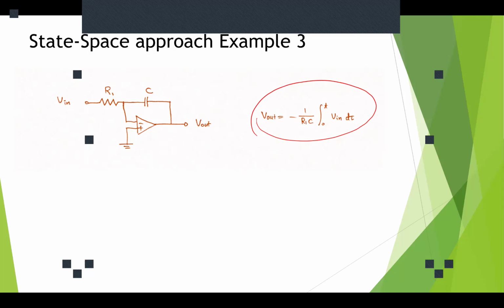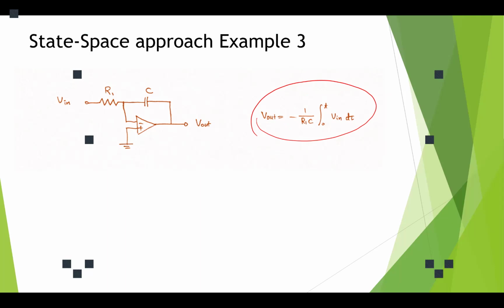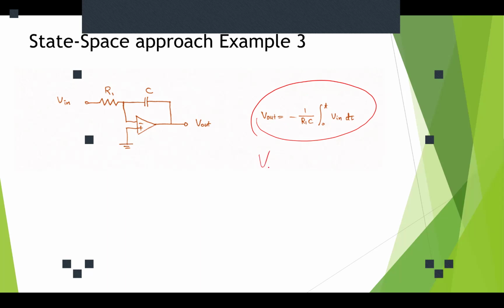Is that okay? So if we differentiate this to get rid of the integral, we are going to have V out dot equal to minus 1 over RC V in. Correct?